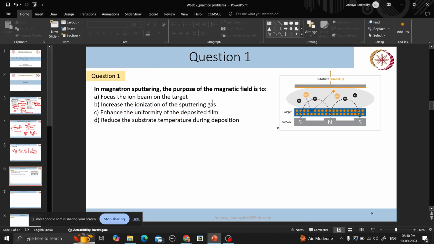I'm giving you some time, 1 or 2 minutes. You can tell me the answer and the reason why it is like this in the chat box. I hope that I will get answers from your side. I have also given a basic block diagram of a magnetron sputtering system here.